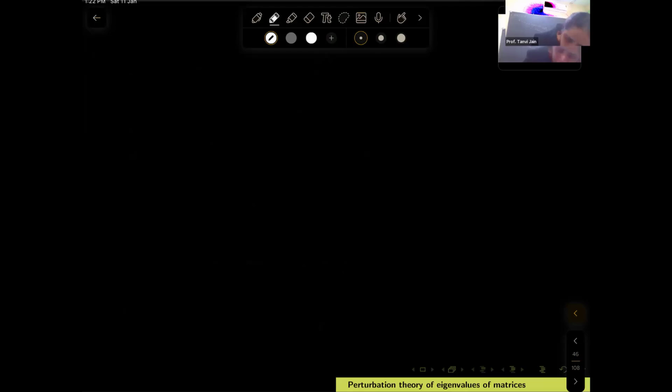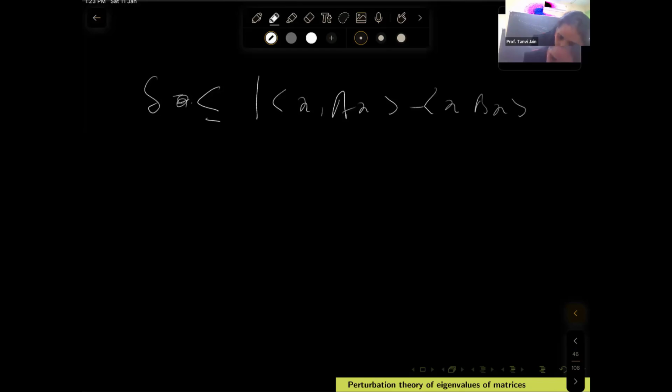So that means delta is less than or equal to mod of x comma Ax minus x comma Bx. That is equal to mod of x comma (A minus B)x, it's linear. Now what is this?